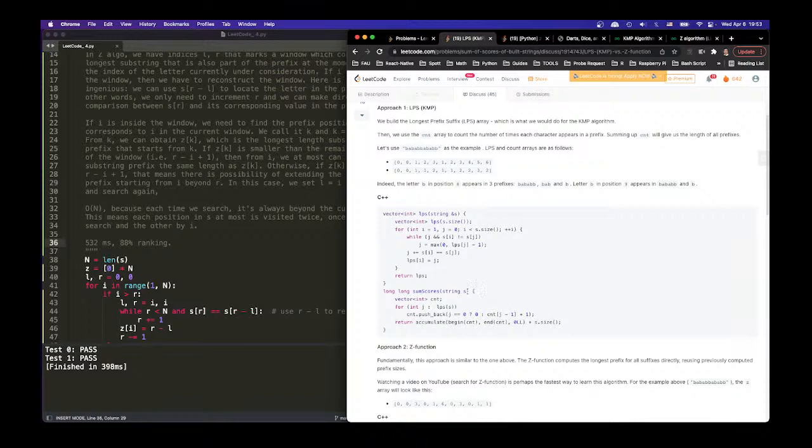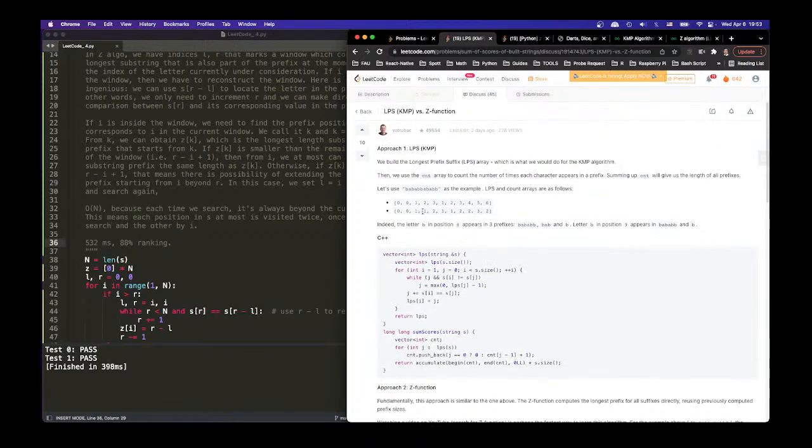This one is a bit tough to understand. And this is the count, and it didn't make any sense. We say we count the number of times each character appears. So if a character appears in 3 prefixes, what does that mean? Exactly, what does that mean? And summing them up will give us the length of all prefixes.